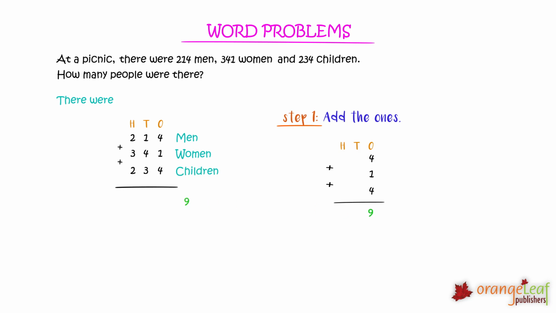Write 9 in the answer of the ones place. Step 2. Add the tens. 1 plus 4 plus 3 is equal to 8. Write 8 in the answer of the tens place. Step 3. Add the hundreds. 2 plus 3 plus 2 is equal to 7. The answer is 789 people, where 7 is in the hundreds place, 8 is in the tens place, and 9 is in the ones place.